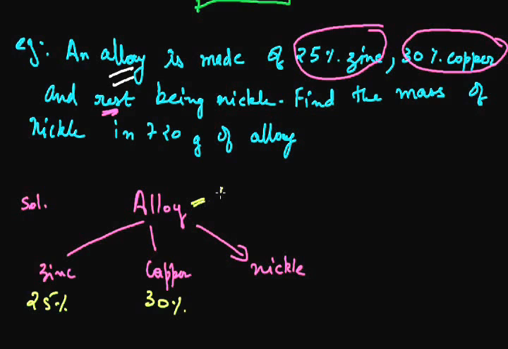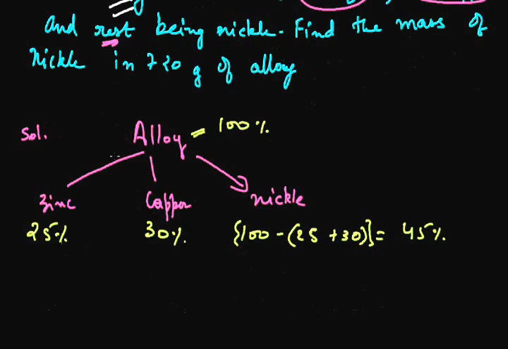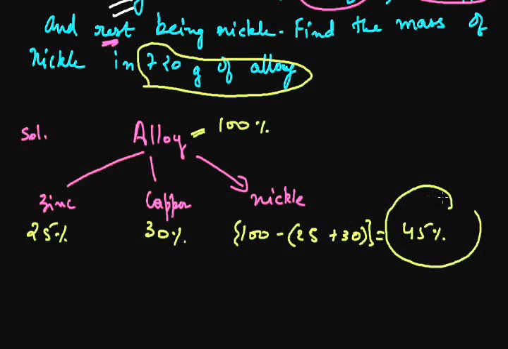Now let us assume the alloy is total 100%, then out of this 25% is zinc, 30% is copper. So nickel will be 100 minus (25 plus 30), that will be equal to 45%. Now if the total weight of the alloy is 720 grams and 45% of the alloy is nickel, then 45% of the total weight of the alloy, that is of 720 grams, will be nickel.